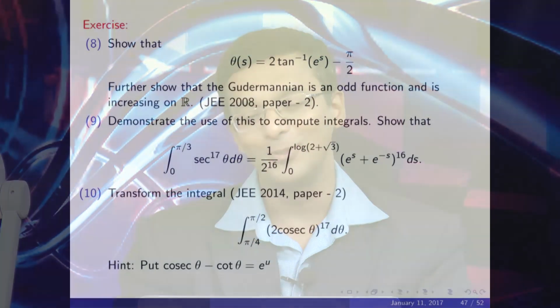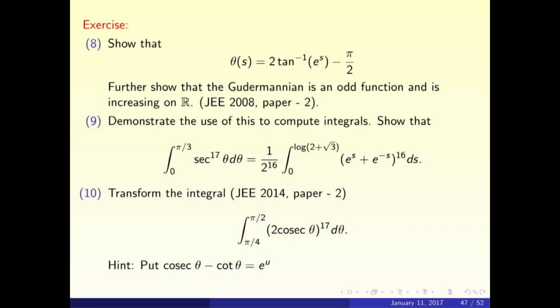Pi by 2 minus tan inverse of e to the power s. And the 2 times pi by 2 will become pi, and the pi minus pi by 2 becomes pi by 2. So theta of minus s is pi by 2 minus 2 tan inverse of e to the power s, which is minus of theta of s. So theta is an odd function.